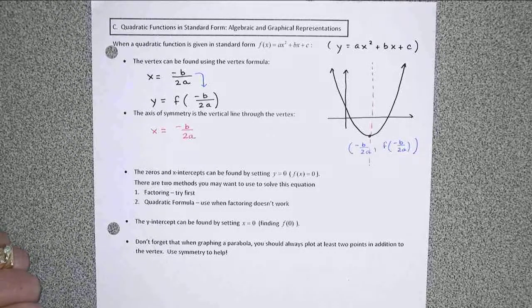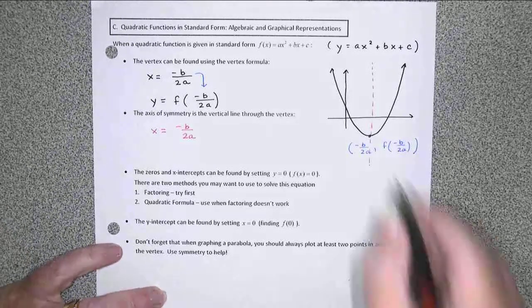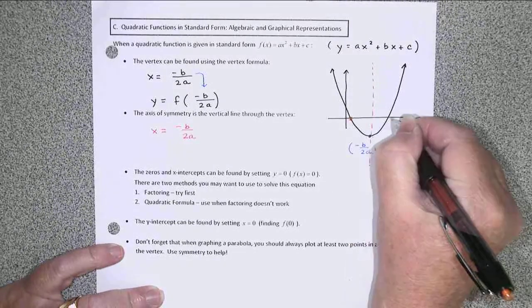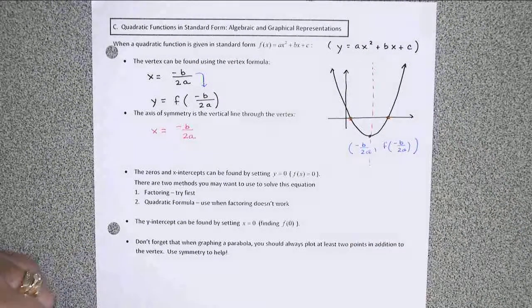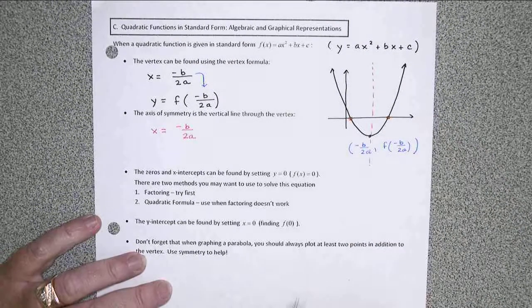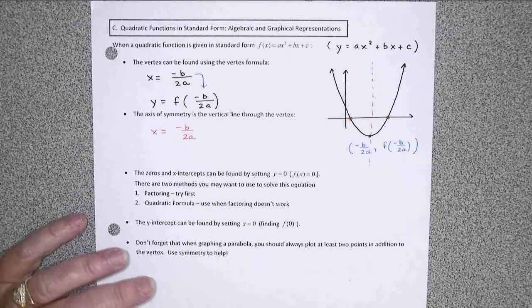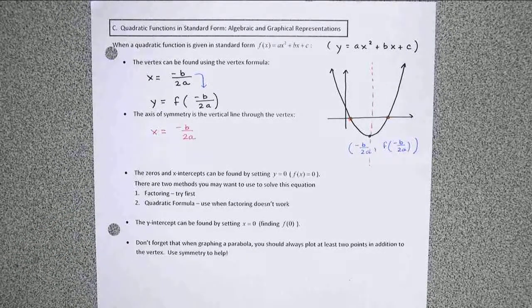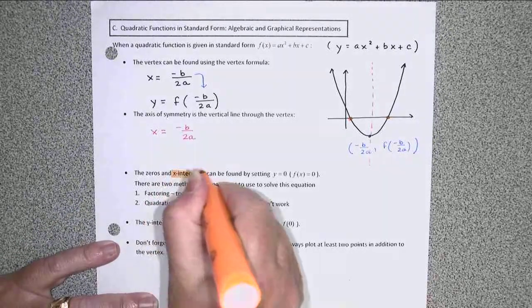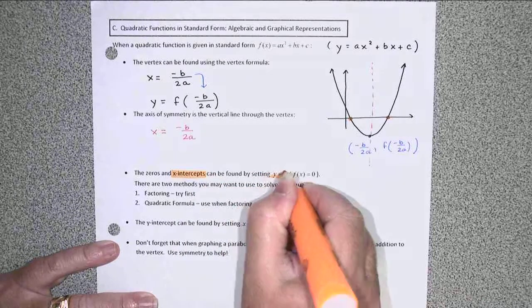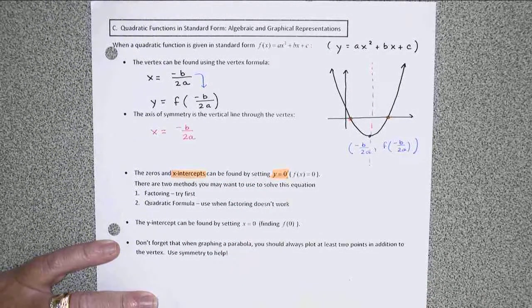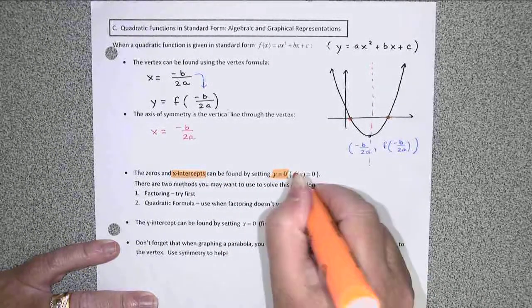All right, the next thing that we'd like to find is the zeros or x-intercepts. In this particular case, I can see that there are two of them. To find x-intercepts, remember that you set y equal to 0. That's the same thing as saying set f of x equal to 0, of course.